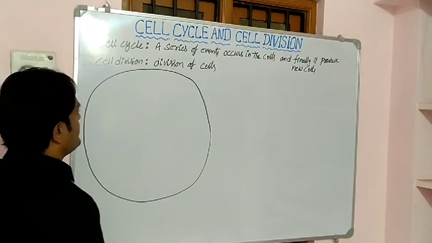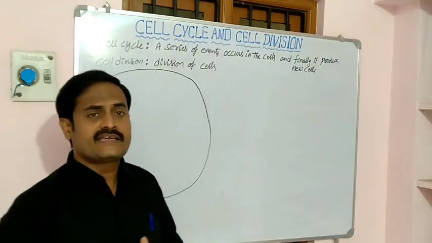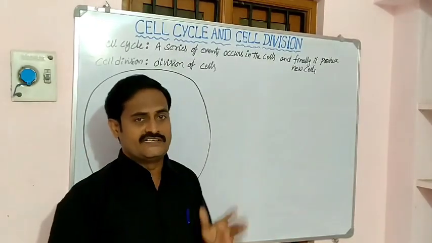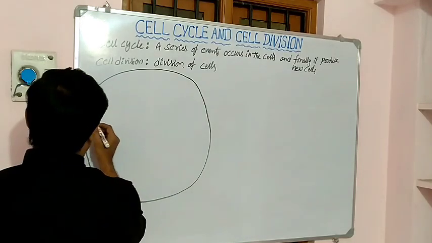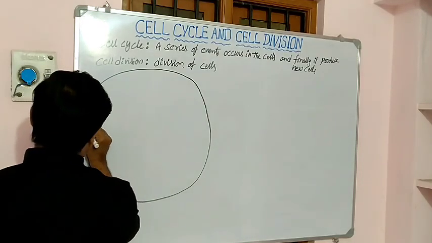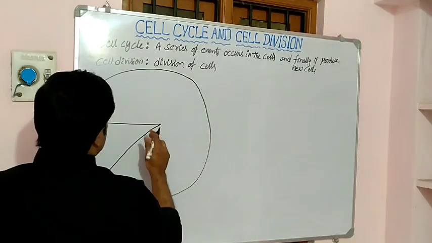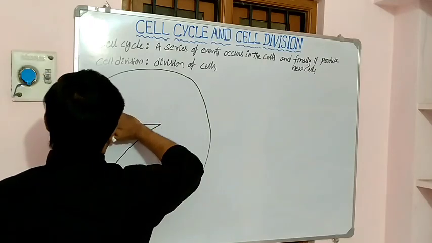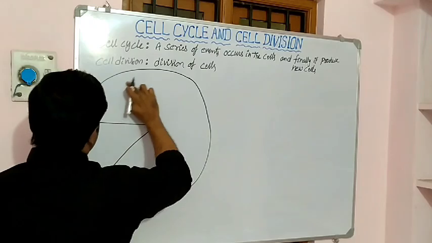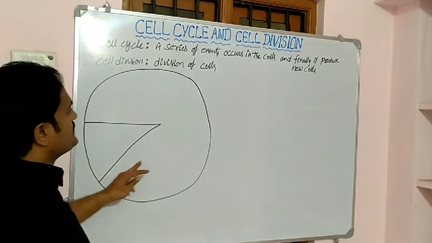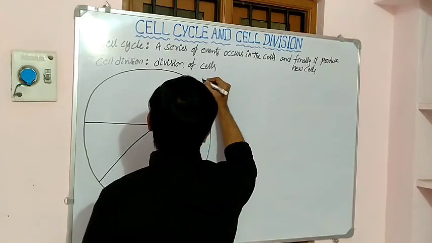The cell cycle consists of majorly two phases. What are the two phases? In the diagram, this whole portion from here to here is called interphase.